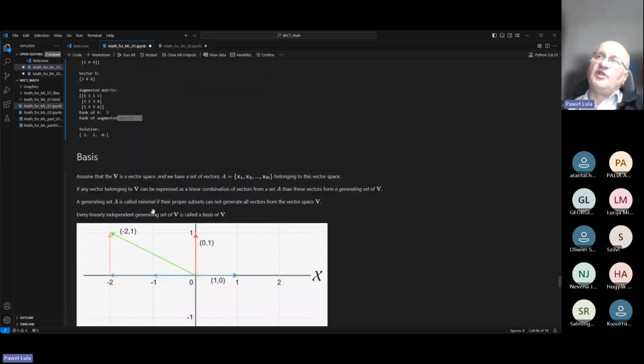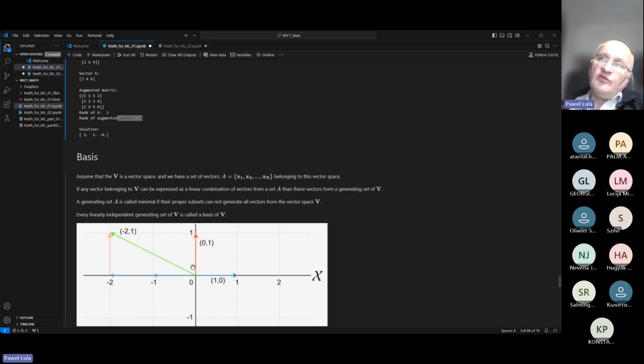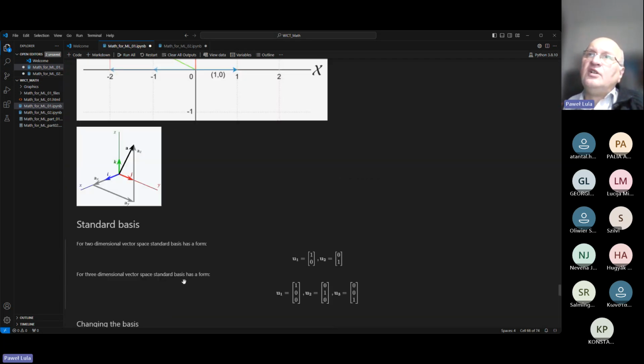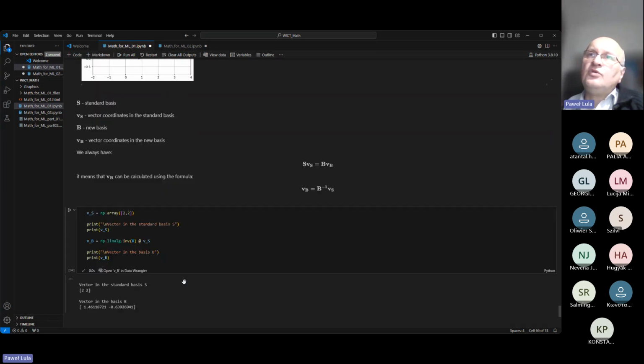So it would also be possible to draw these two vectors which form this new basis here. And we want to define the location of this green vector, but not in the context of these unit vectors which we have here, but in the new basis. How to calculate coordinates of a vector in a new basis?